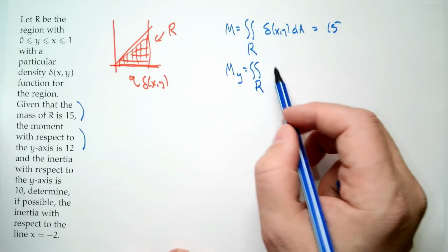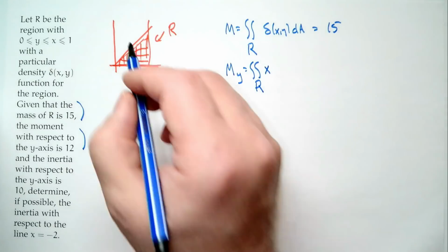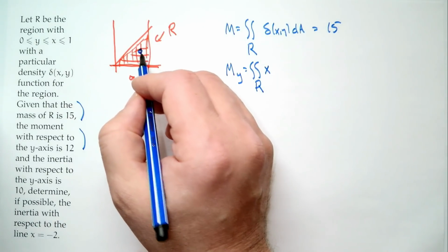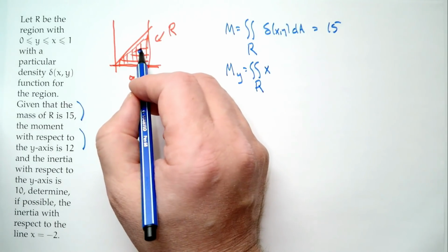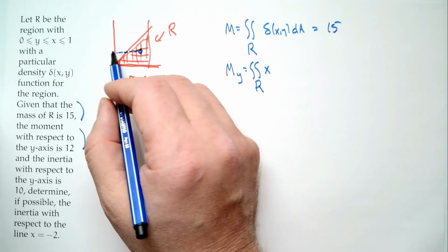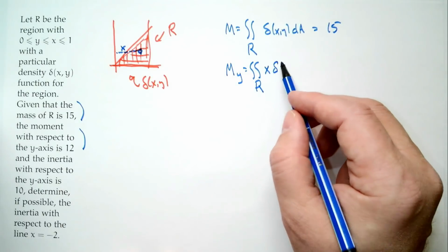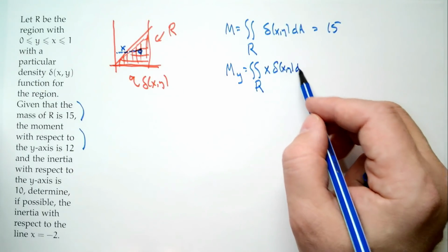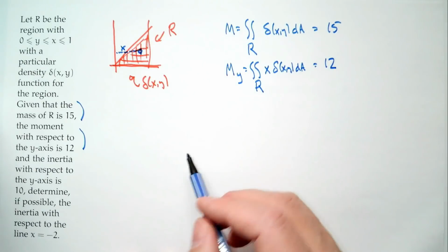What do we put? We put x. Because if I'm at a point, so the reason I say a point, I put a little circle here, is like, here's a little bit of my region. And how far is it to the y-axis? The answer is it's x away. So x delta xy dA, and that's equal to 12.